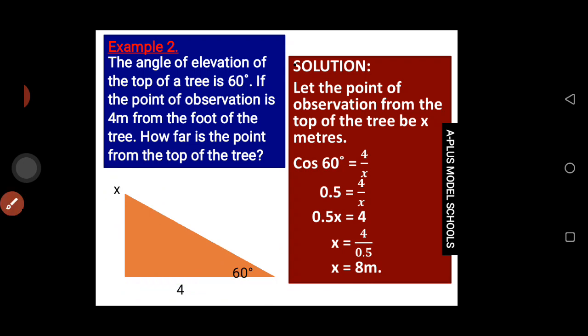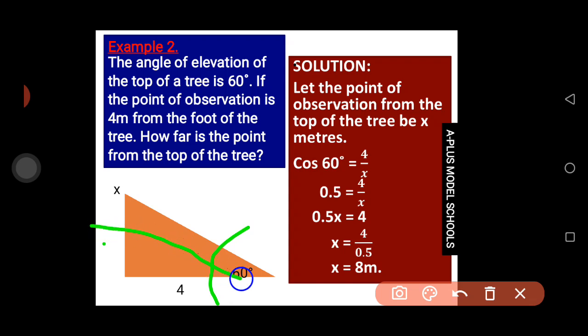Now, I am looking for the value of x, which is the side facing the angle 60 degrees. If 60 is my angle, then the side facing 60 degrees will be my opposite, where this is the hypotenuse. Then it means I am having only the opposite and adjacent.